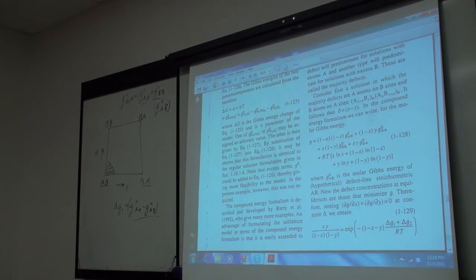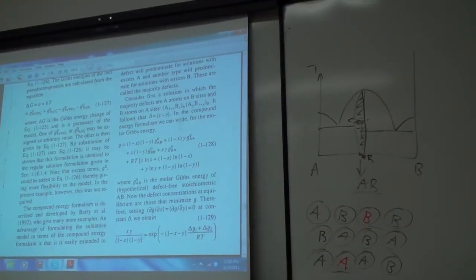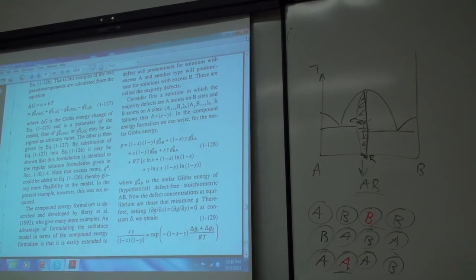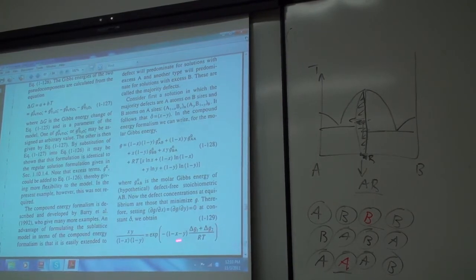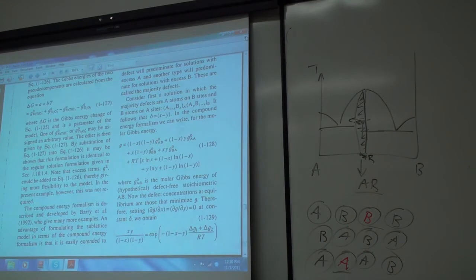This will be your Gibbs energy of your real AB, which contains the defects, not the Gibbs energy of the hypothetical AB. If the delta G1 and delta G2 are extremely positive, then x and y are 0, and if you put x and y as 0 in here, you end up with G is equal to G0 AB, but otherwise it's not.